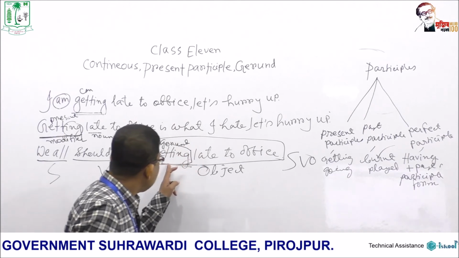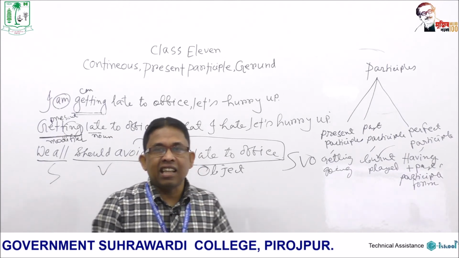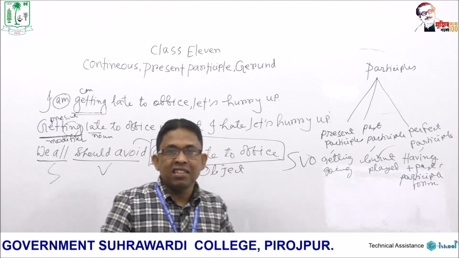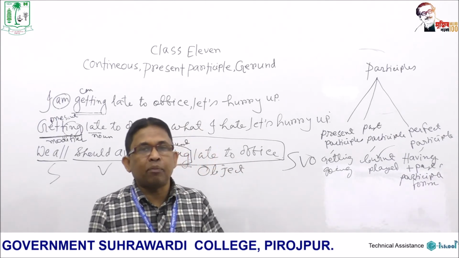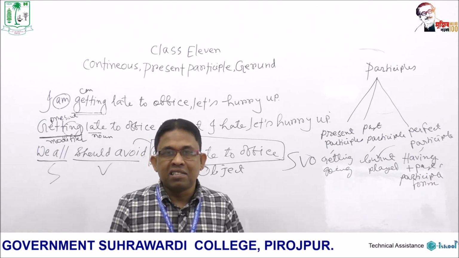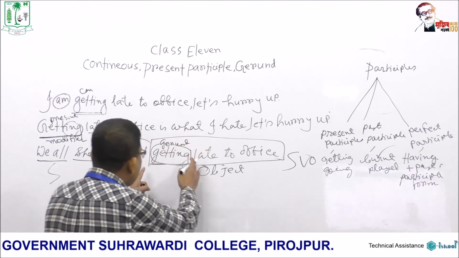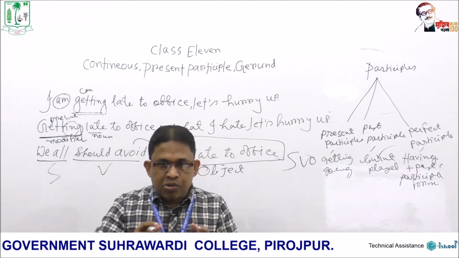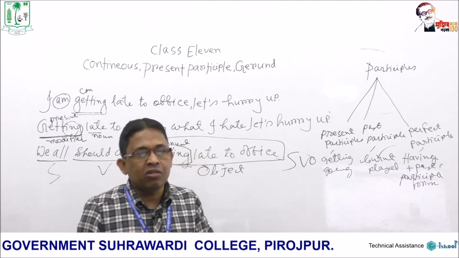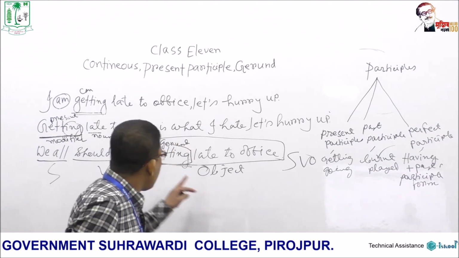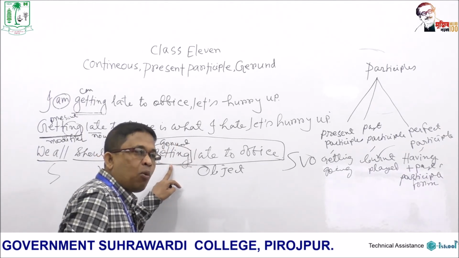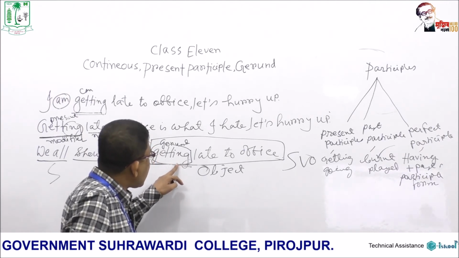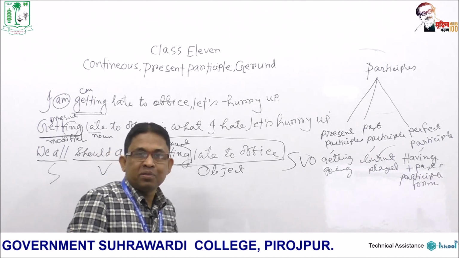That is, here it is acting like a noun, as it is in the position of the object, and only a noun or pronoun can be an object. So what we are getting here, the verb getting is derived from the origin get. On the one hand this is a verb, and on the other hand, as it is functioning as an object, it is a noun.